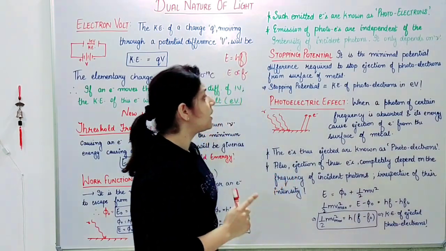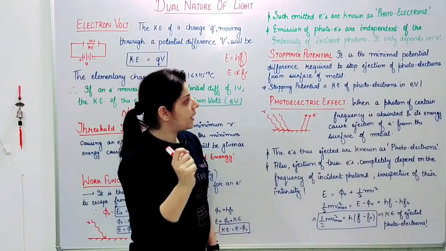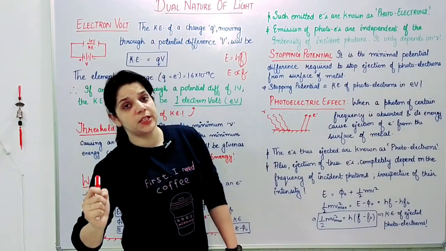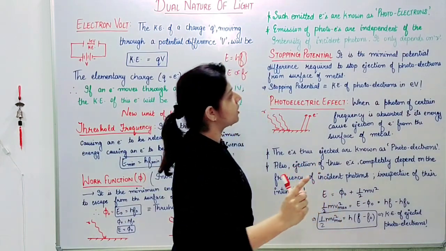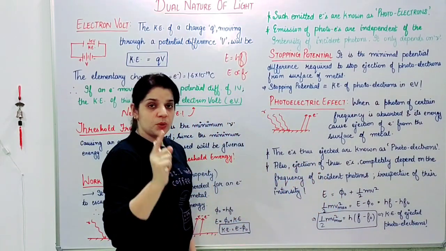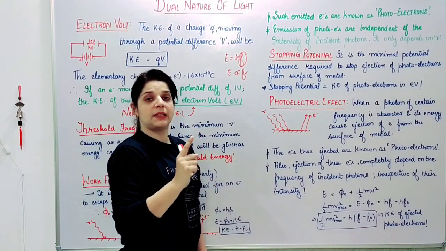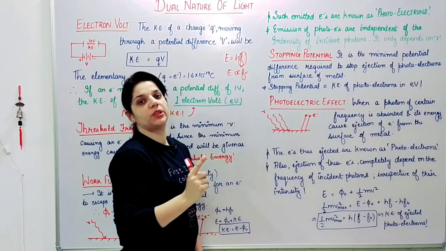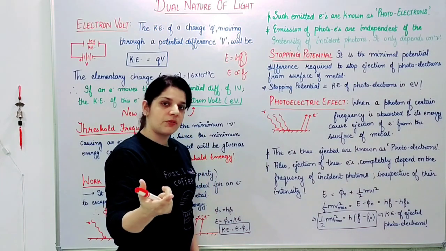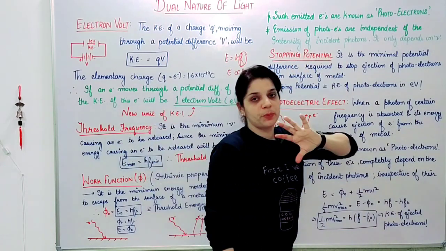This is very important because it always confuses students: the intensity is increased, still there is no emission. For every reasoning question you attempt, remember that emission of electrons only depends upon the frequency or the wavelength. It's one and the same thing. Now, what is stopping potential?